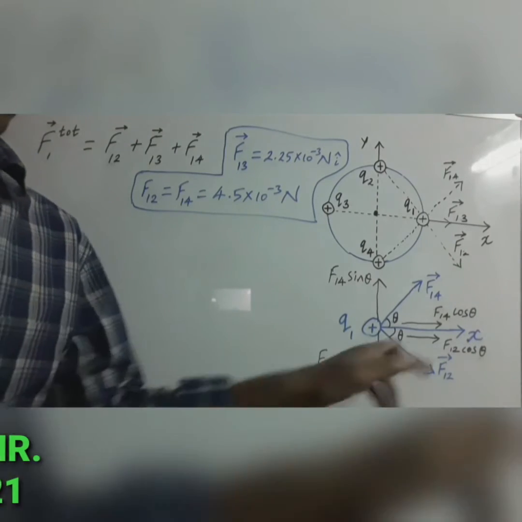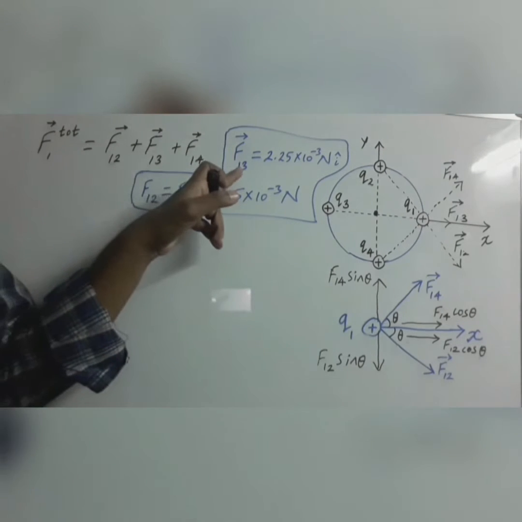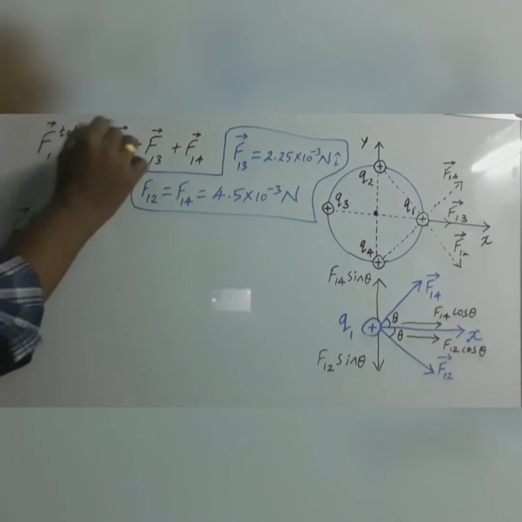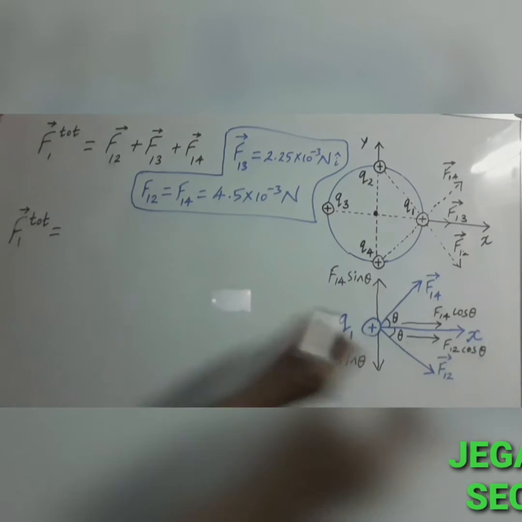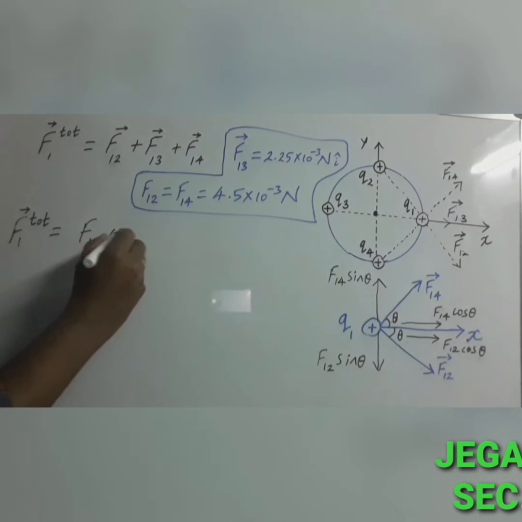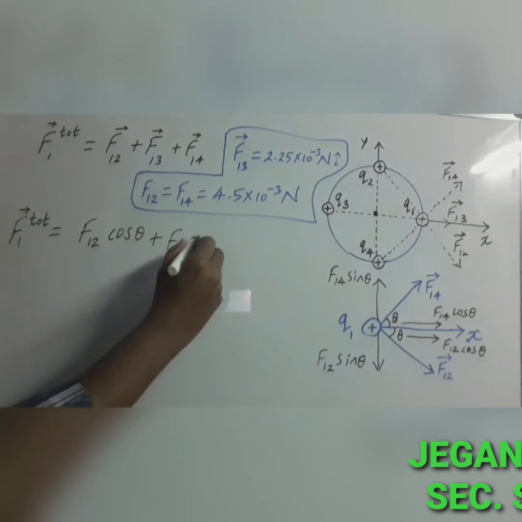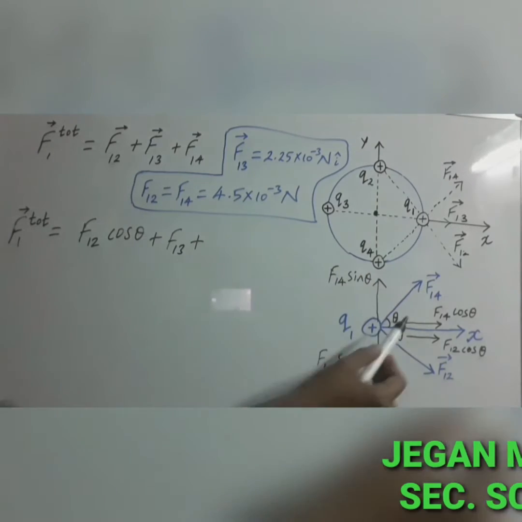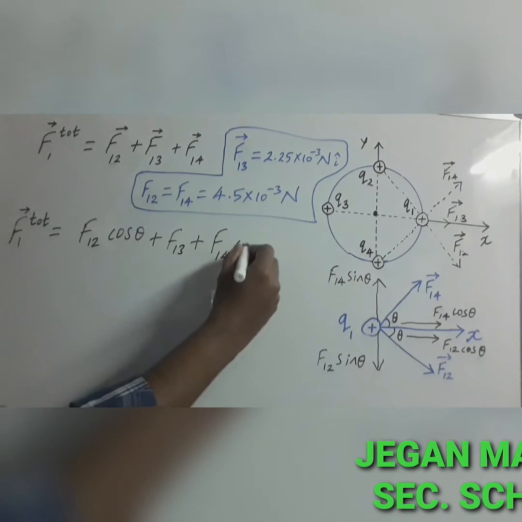So we have to add the two parallel components and another force, which is given by the third charge. So it can be replaced as total force, which is equal to F12 cos theta plus F13 plus F14 cos theta. Since the sin theta perpendicular component is cancelled, only the cos component gives the force on the first charge.